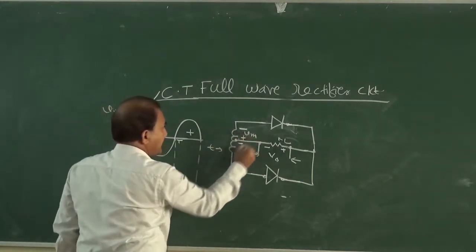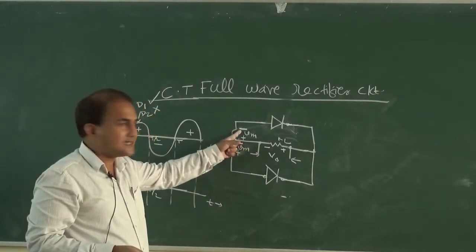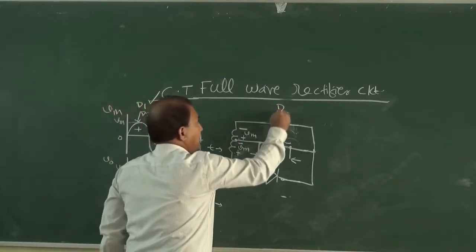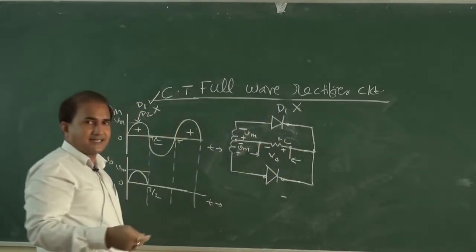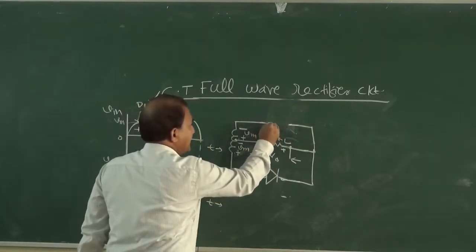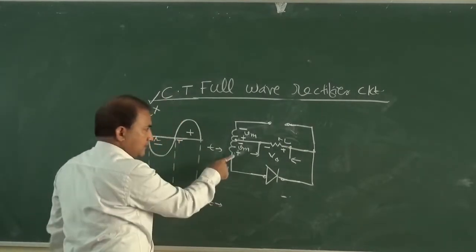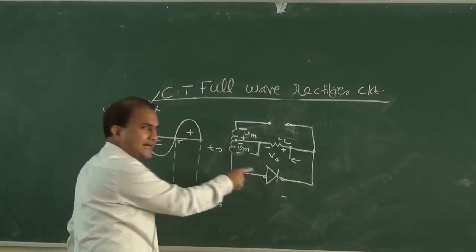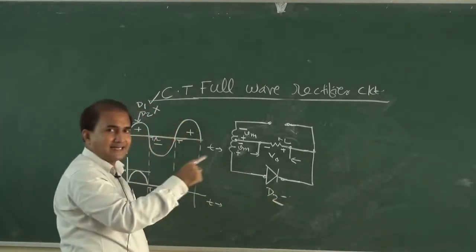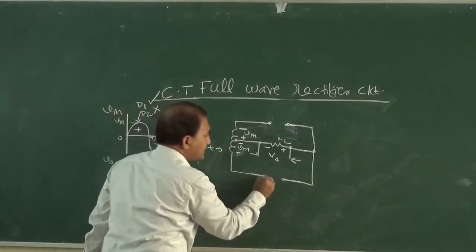Now this is negative potential connected to the P side, so diode D1 is in reverse bias condition, and we can replace this diode with open. This plus is connected to the P side of diode D2, so it is in forward bias condition, and we can replace this diode with a short.